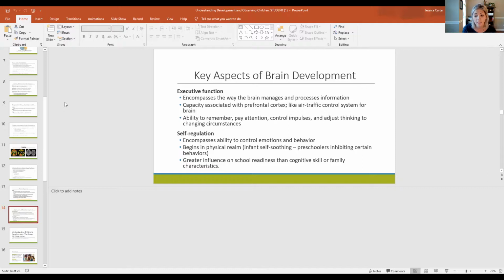So these skills begin in early childhood when the brain is forming. And as you can imagine, exposure to high levels of stress or anxiety, or even abuse and neglect, will impact children's executive functioning, which again is going to influence them in all areas of learning and development.